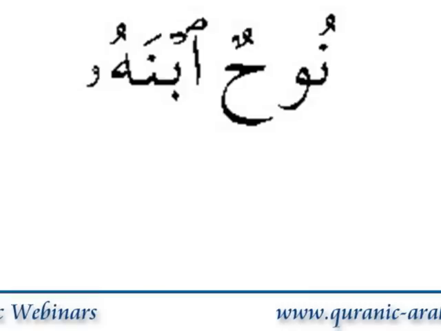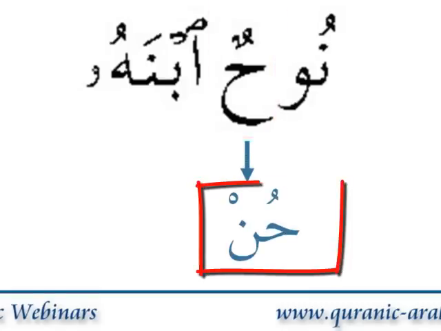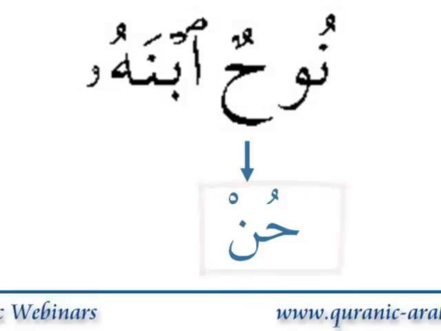And the problem we have here is if we break this down, the hun is actually the ha with dhamma, noon and sakin. So underneath what we've just seen, that round circle for us is the computer font's sakin. Okay, so we have hun.